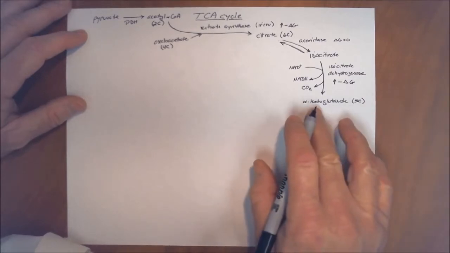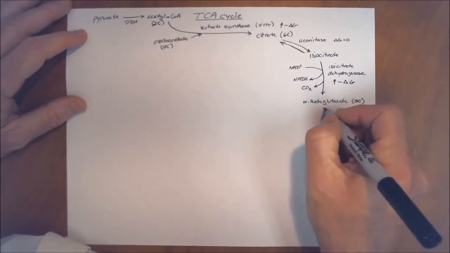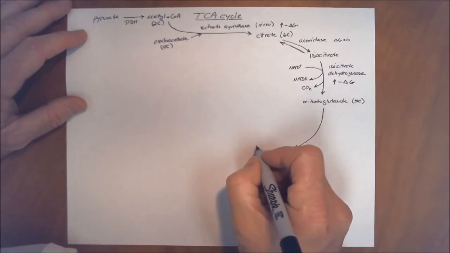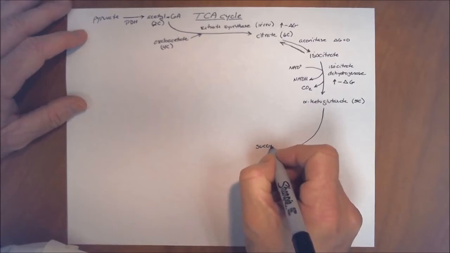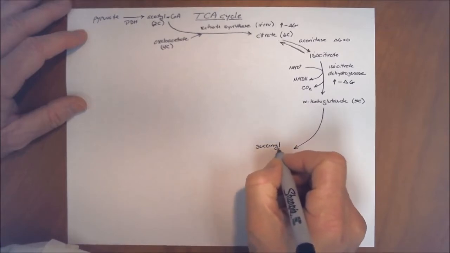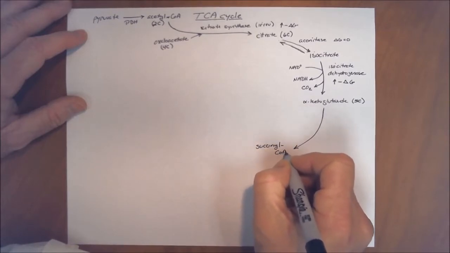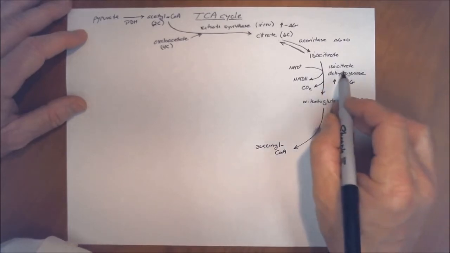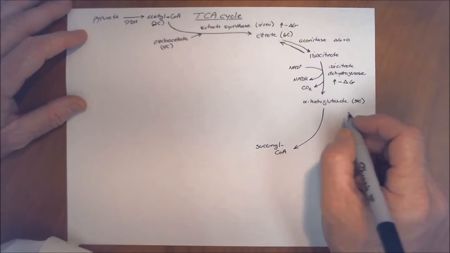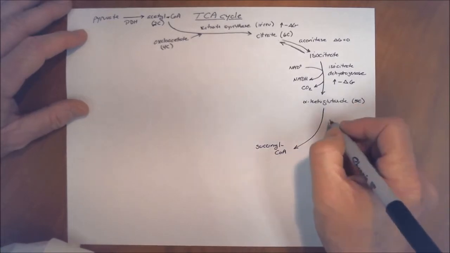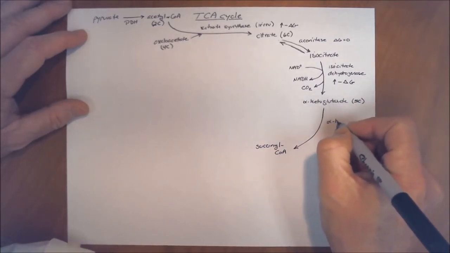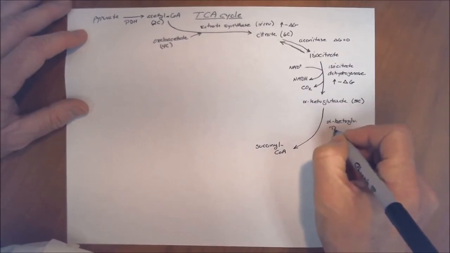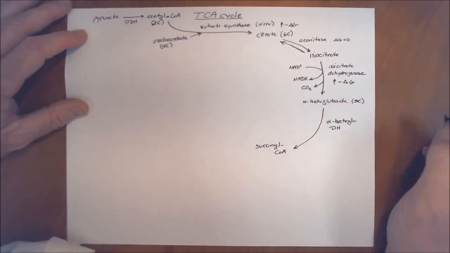Now the next step is we're going to take our alpha-ketoglutarate and we are going to generate succinyl-CoA. Like isocitrate dehydrogenase, this is a redox reaction and it's going to be mediated by alpha-ketoglutarate dehydrogenase.